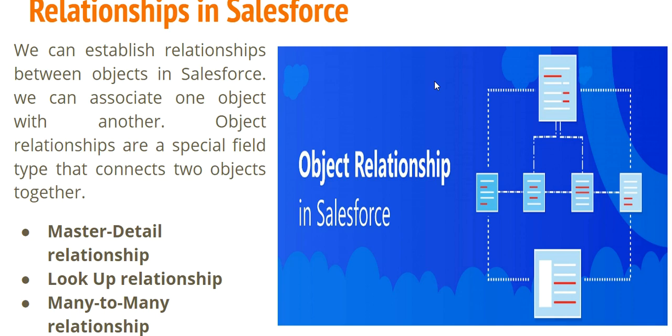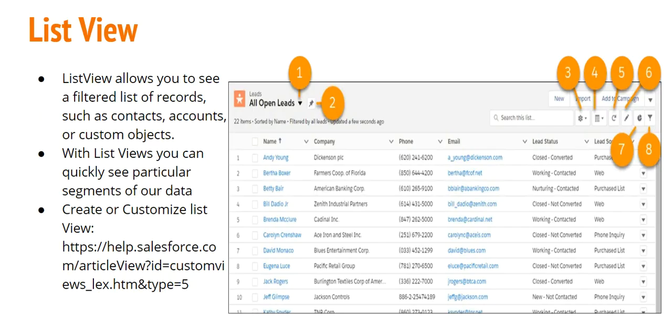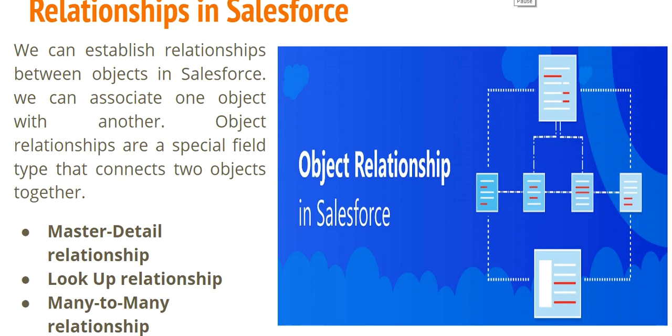So why do we need to create the relationship? Just suppose we want to access the record of another object into any other object. In that condition, we have to create the relationship. We can associate one object to another object. Sometimes we need to create a record with the parent record.